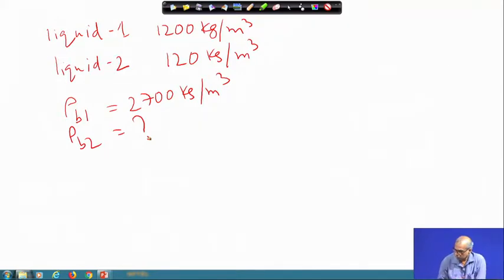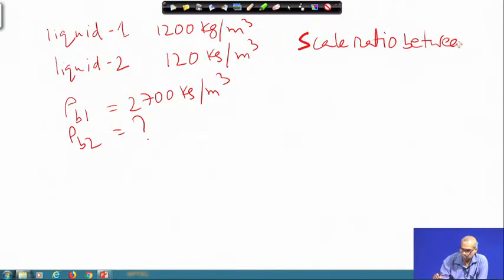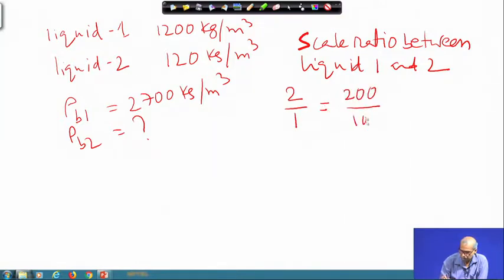So, now the scale ratio between the liquid 1 and liquid 2 is what? 2 by 1 is 200 by 100 equal to 2.